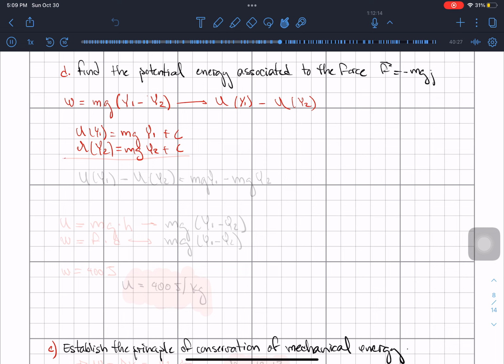If we combine these two equations, we can say that the potential at y1 minus the potential at y2 is going to be equal to the mass times gravity times y1 minus mass times gravity times y2.